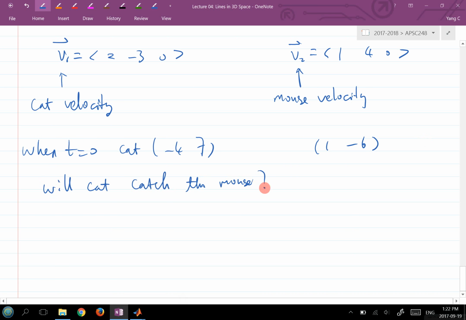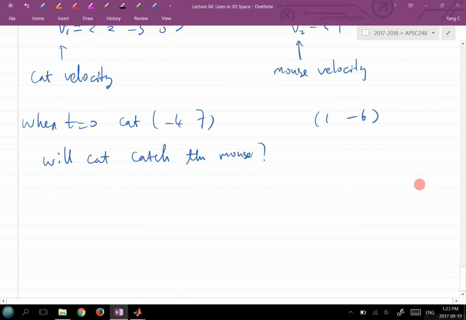I need you to try to differentiate the idea I mentioned. One concept is the intersection between the two lines, and the other is that there's a moving point on each of the two lines. Whether the two moving points will meet at the same time at the intersection point. That's the point here.